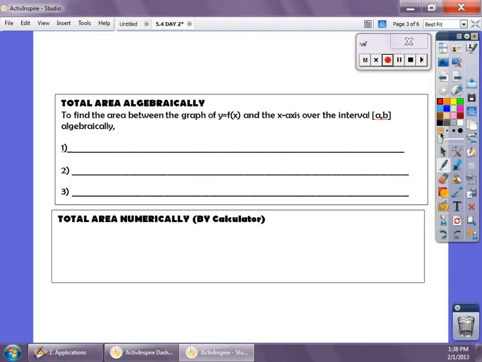So if you want to find total area, which is very helpful to find things like total distance traveled. To find the total area, you would first find the x-intercepts of whatever function you're trying to find the total area of. Second step, you're going to do a sign chart for that same function.